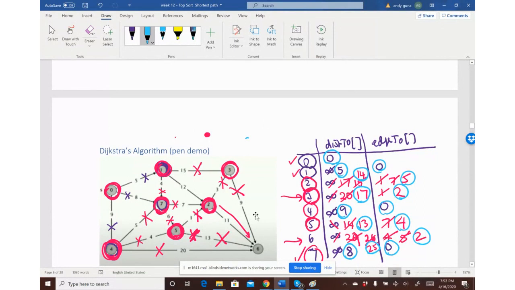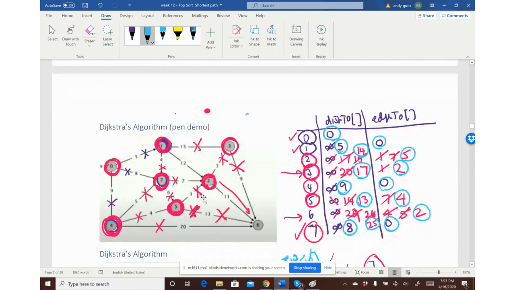But you can show that there's no other way to find the distance to 2 without computing the distance to 1, 7, 4, 5, 3, perhaps even 6. So there's no canonically easy way to do that in Dijkstra's. In other words, when you try to compute the path from one node to another, you might end up computing all the shortest paths from that node to every other node.